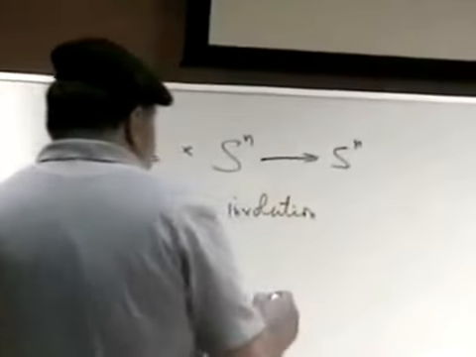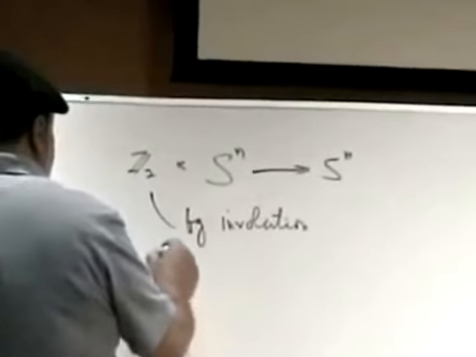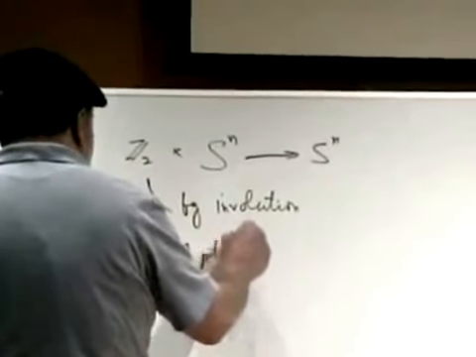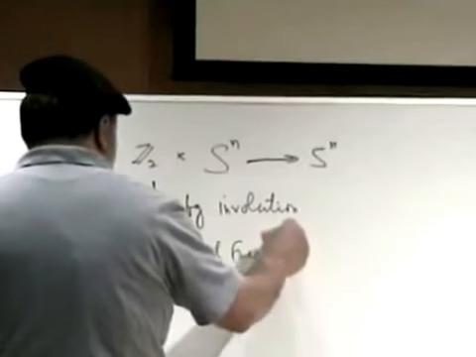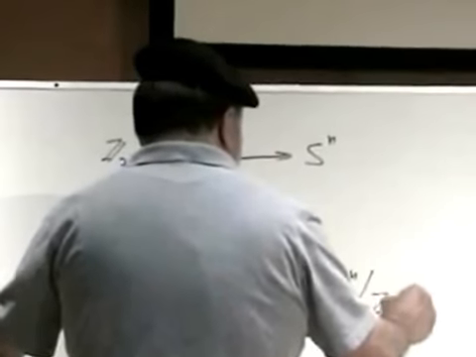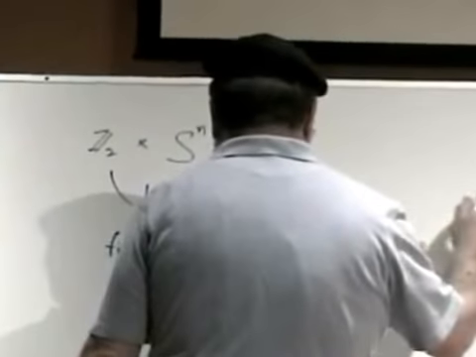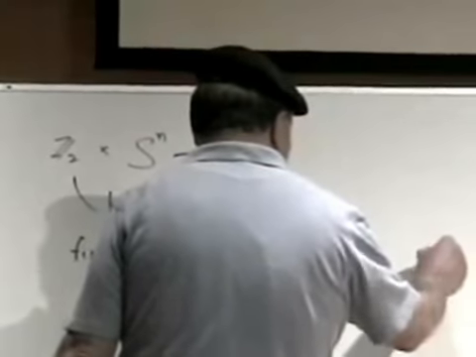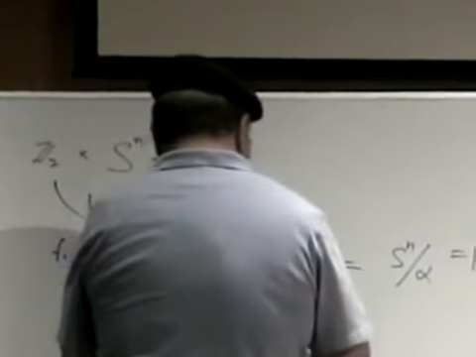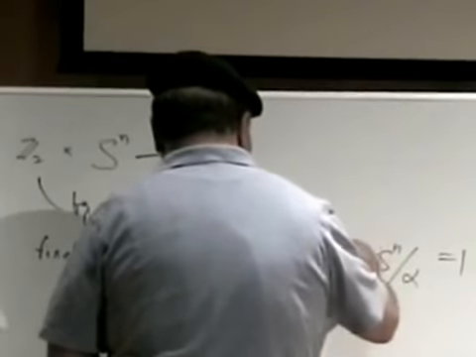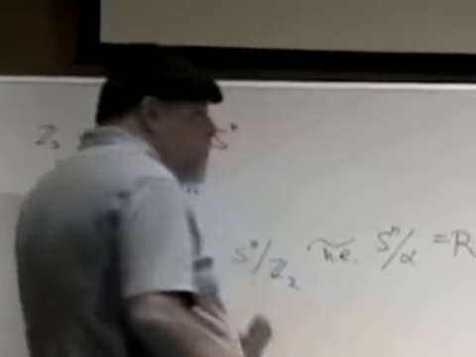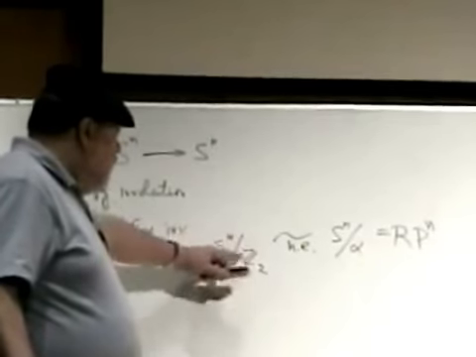And it's not hard to prove that if you have any fixed point free involution, like the usual involution that sends a point to its negative, then the quotient space divided by this looks like the quotient of the standard involution. If you take the standard involution and divide by that, then of course what you get is RPn. So this quotient is homotopy equivalent to RPn.